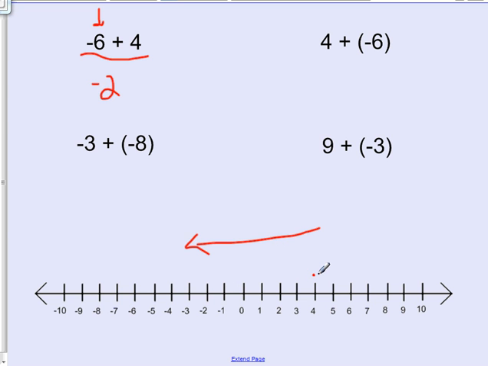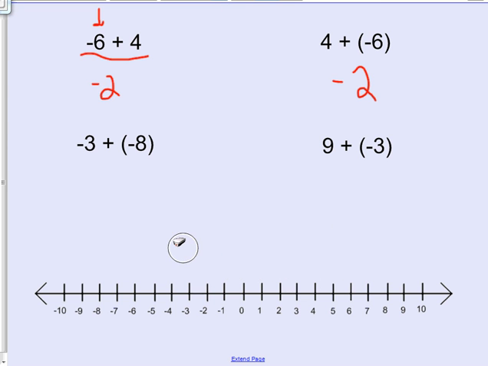So we're going to go 1, 2, 3, 4, 5, and 6. So in this case, we have negative 2 also.